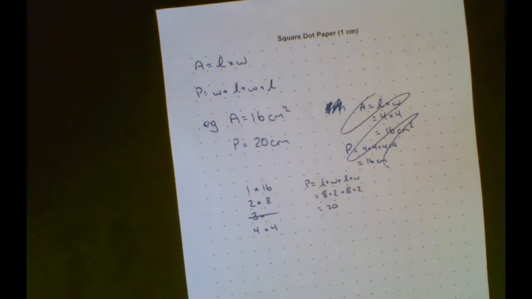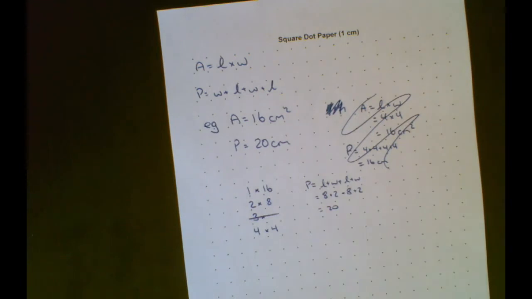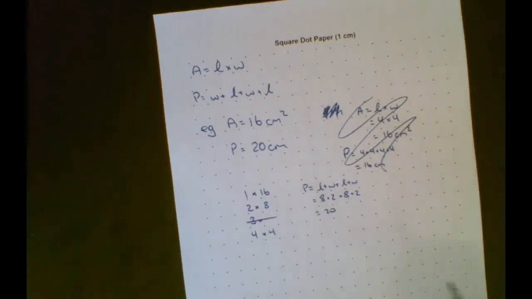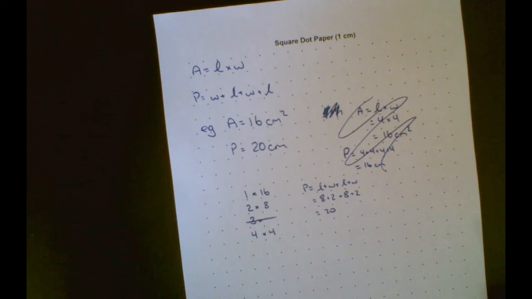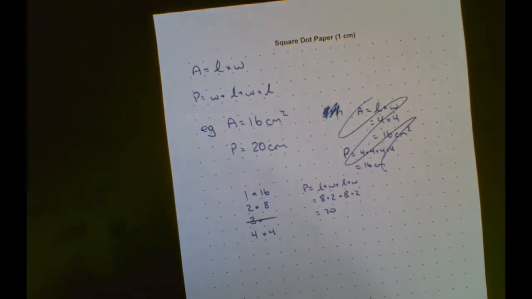So for a question like this, with the 16 and the 20, we've already done all those. This may seem like common sense, but if you go through your textbook and look at some of the questions they ask, number 4 for example, an area of 20 and a perimeter of 18. An area of 18 and a perimeter of 22. An area of 2 and a perimeter of 6.